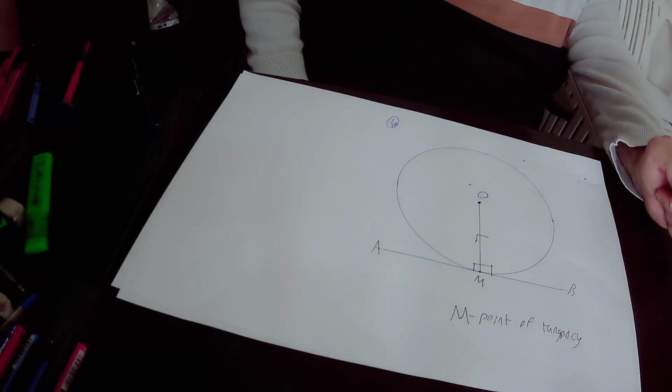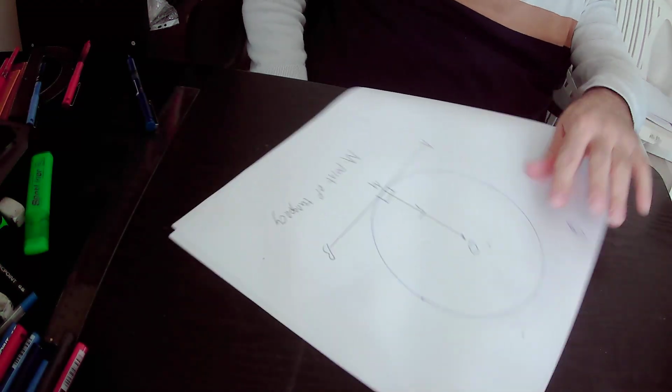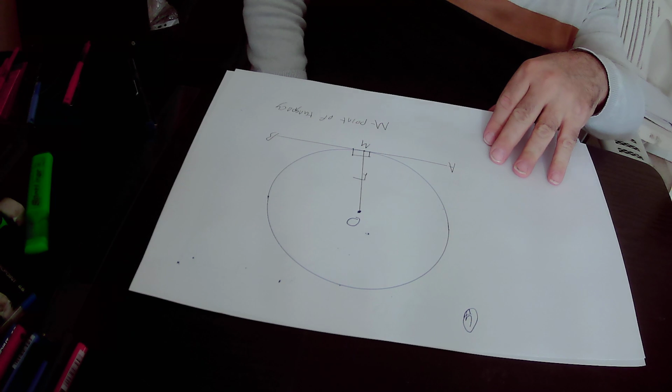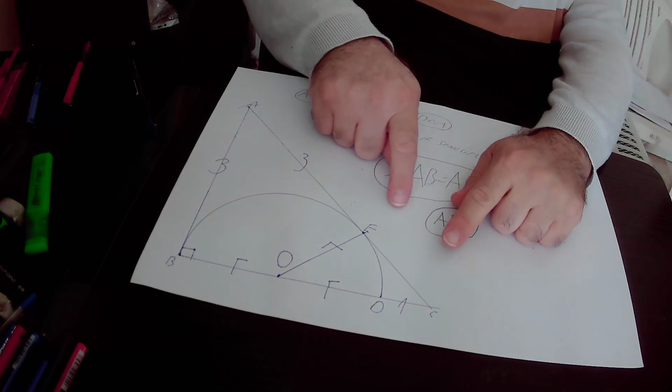Okay, so that is rule number 2, and we can implement it in our drawing, because in our drawing we have tangent AC.